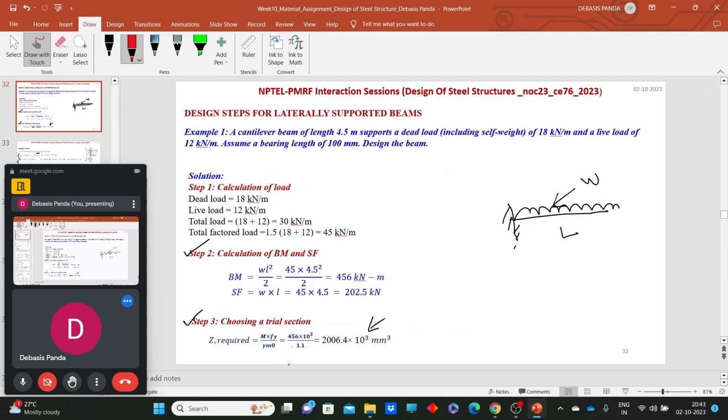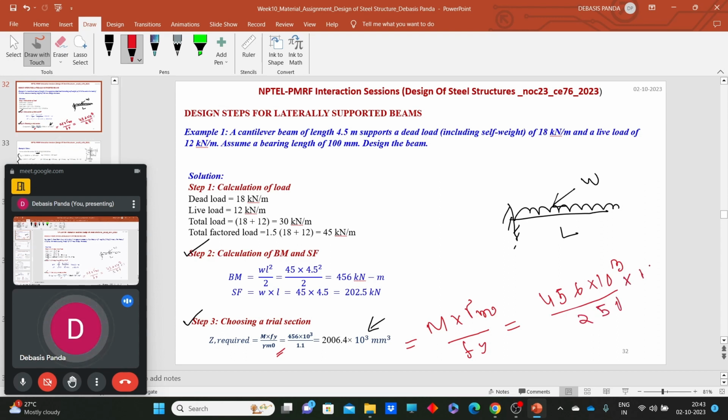We have calculated using that formula here. So the formula written here is like Z required will be M into gamma m0 by fy. So please make it correct. That should be equal to M into gamma m0 by fy. That means that will be equal to 456 into 10 cube divided by 250 into 1.1.